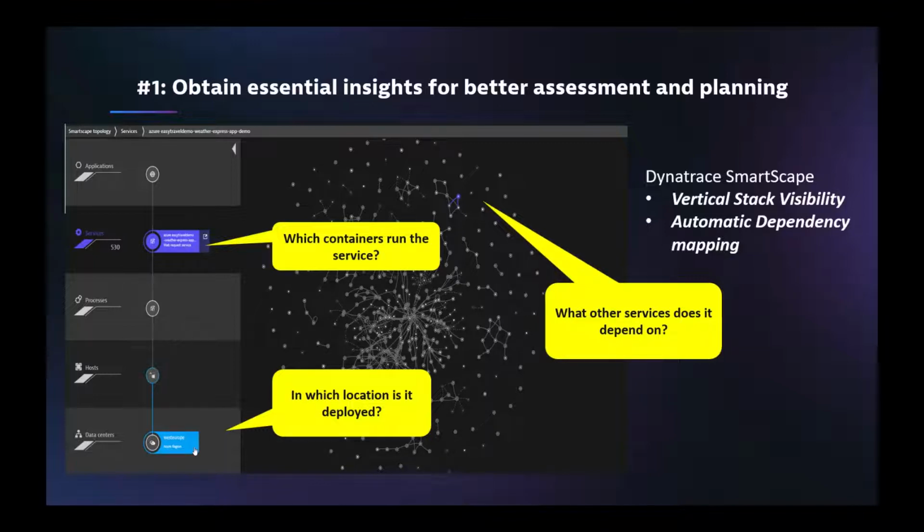Dynatrace is also baselining your existing on-premise applications and calculates your current resource consumption. This enables you to have a smarter re-architecture or re-platforming decision based on your existing on-premise workload.